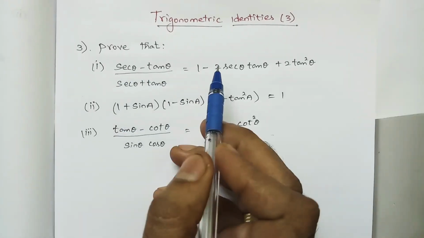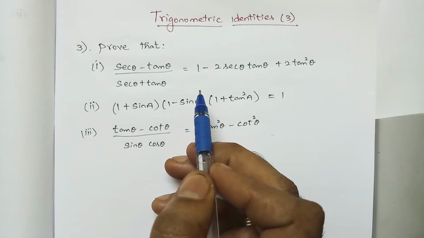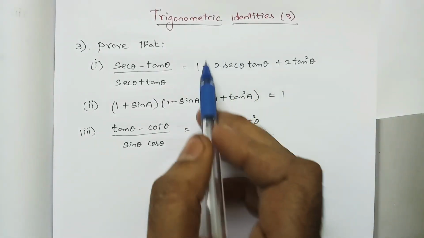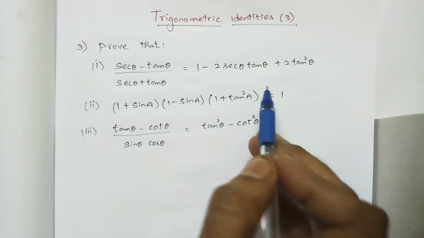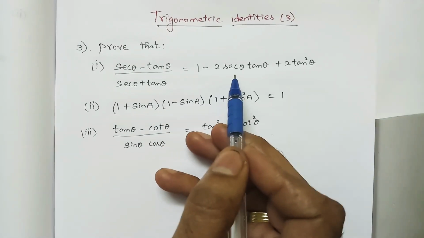Expanding it gives three terms: a square plus b square minus 2ab. So while solving we can get the RHS. That is why I asked you to choose the LHS and bring the RHS.